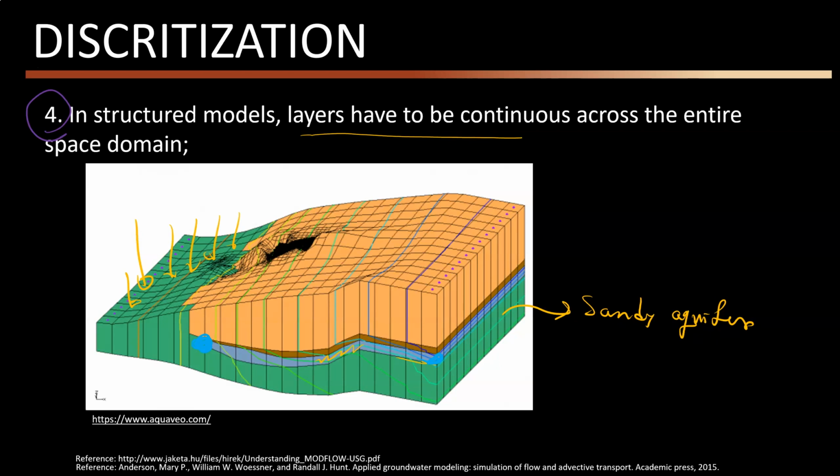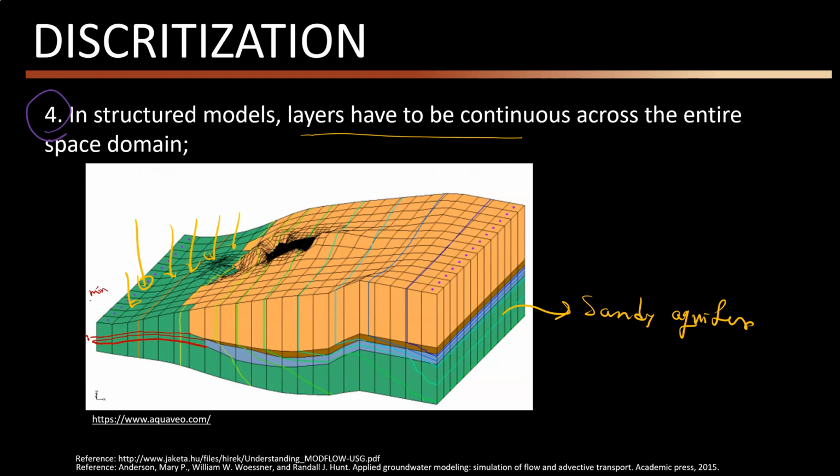But if it was the structured system, I had to extend these layers somehow. I don't know how, but I had to extend these to the end. And usually, I would define a very thin layer, but there is a minimum.